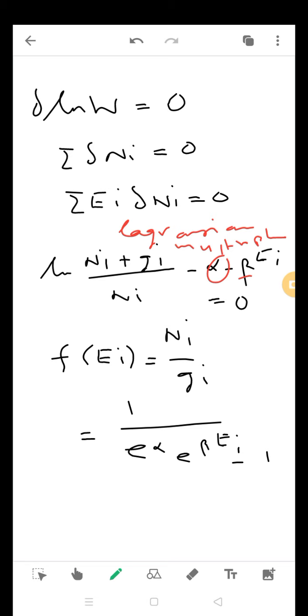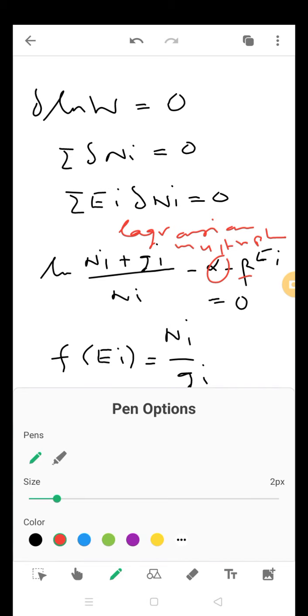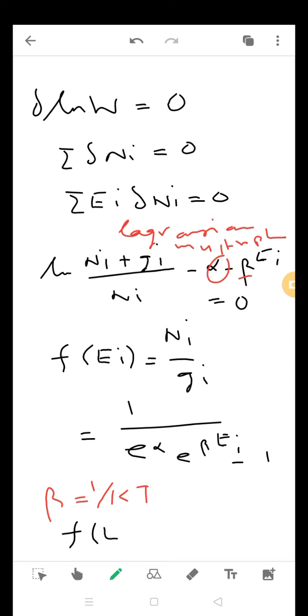Now beta is basically found to be 1 by kT, and so we ultimately get the expression as fi is equal to 1 by exponential alpha exponential Ei by kT minus 1.